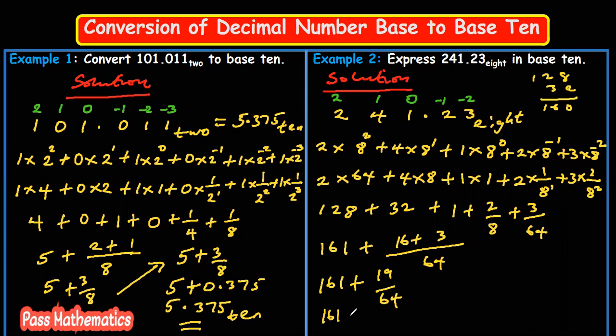We are going to have 0.297. And then we have 161 plus 0.297. So we can say that our answer is 161.297 in what base? In base 10.